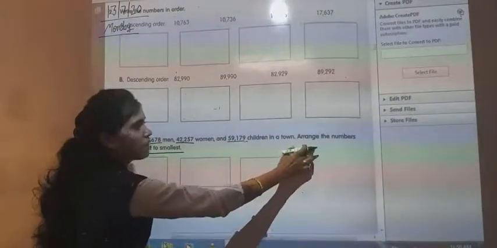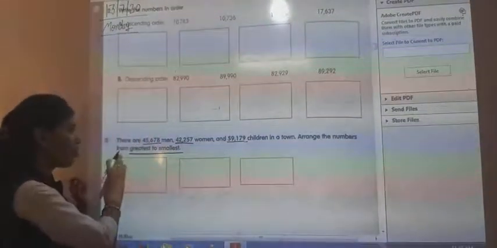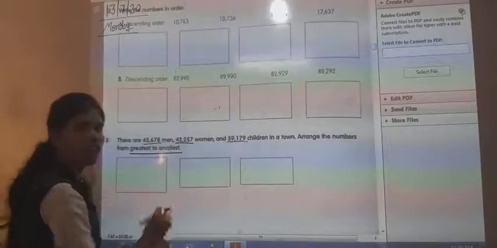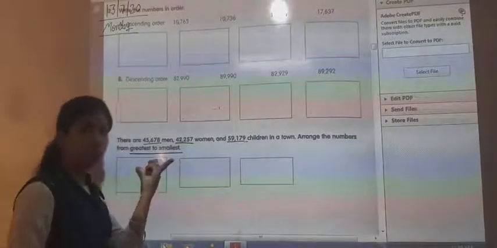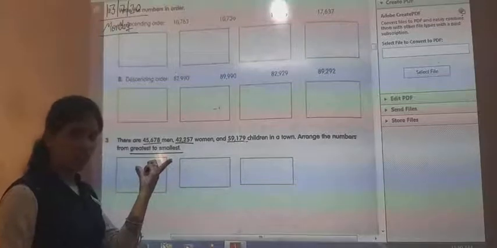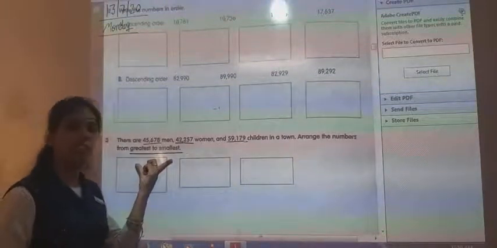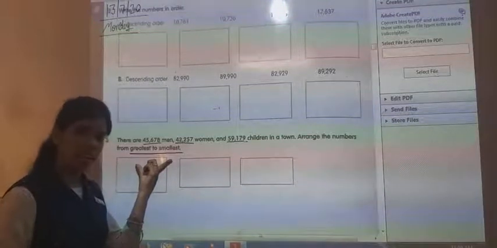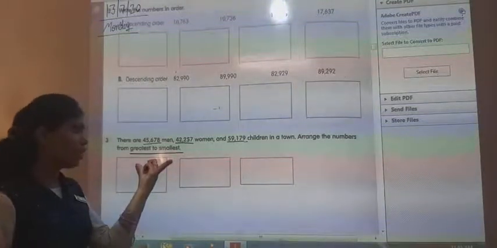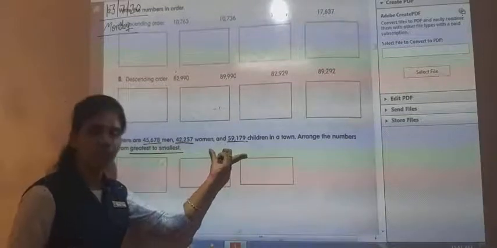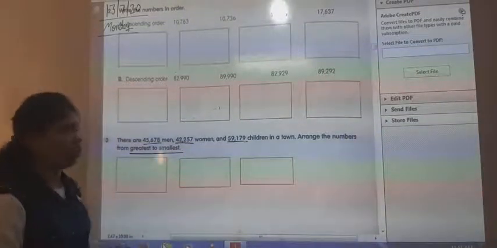Arrange the numbers from greatest to smallest. Students, we always write greatest to smallest in descending order. So we have to write all numbers in descending order.